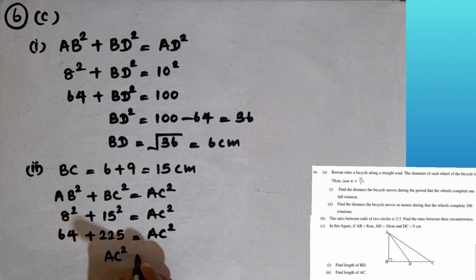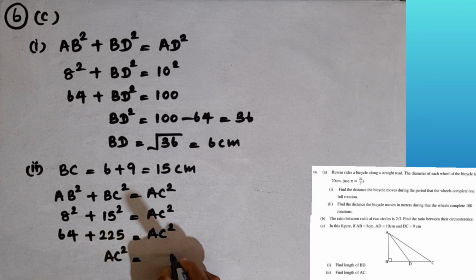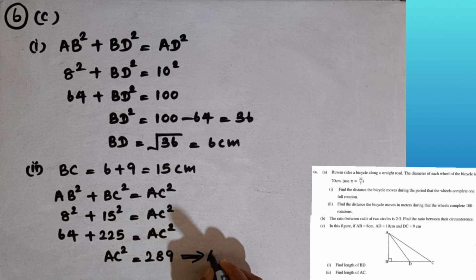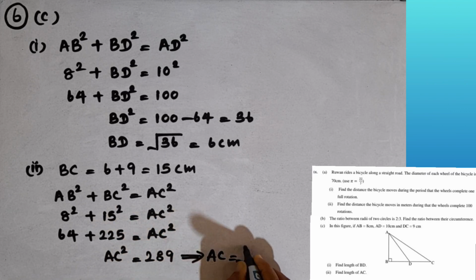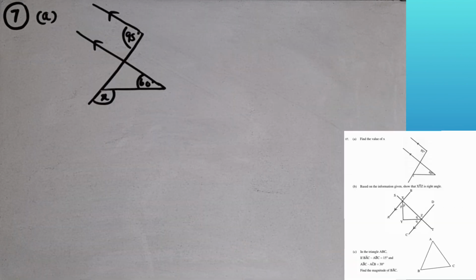Then AC squared equal to, what is the value of this one? 9, then 8, 289. Now we can take the answer AC equal to square root of 289. That is 17 centimeters.